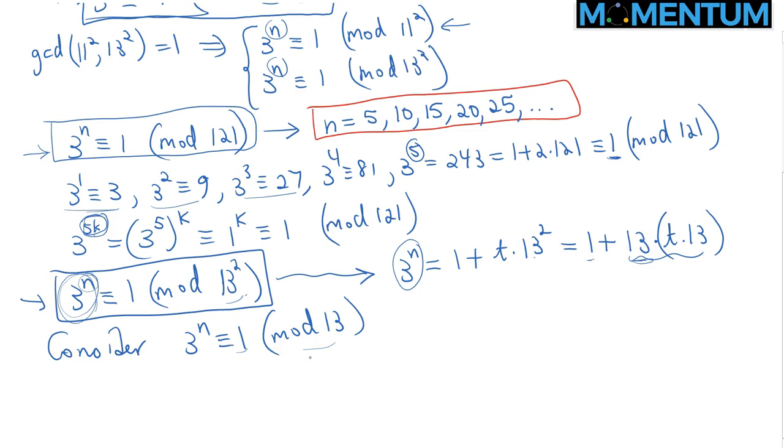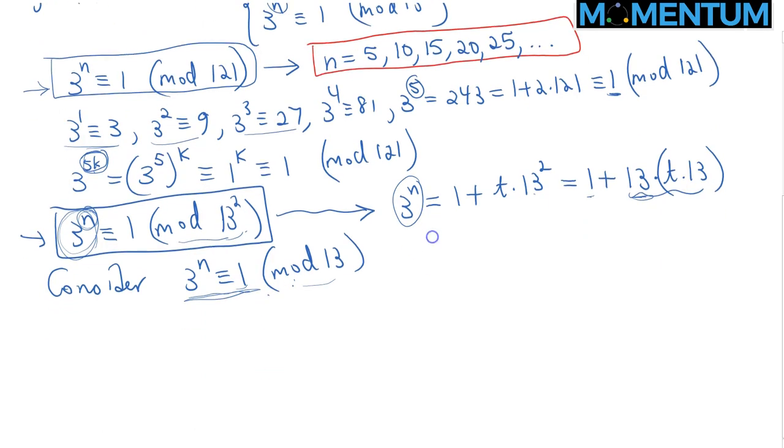So therefore, whatever is the solution to this thing with 13 square in mod 13 square must be a multiple of the solution of this one in mod 13. Does that make sense? So let's instead solve this one, which is significantly easier to solve.